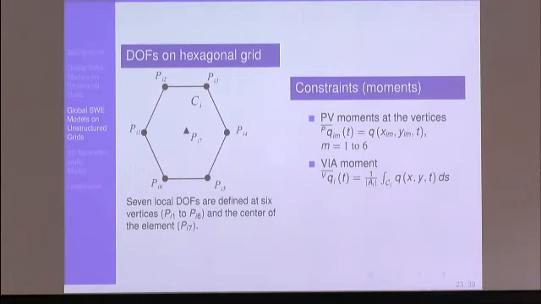Six of them are located at the vertices of the element, and another one is located at the center of the element. We also define 2 kinds of constraints, or 2 kinds of moments. The first one is the PV moment, point values, defined at the vertices. The second type is the volume integrated average, defined over the control volume.